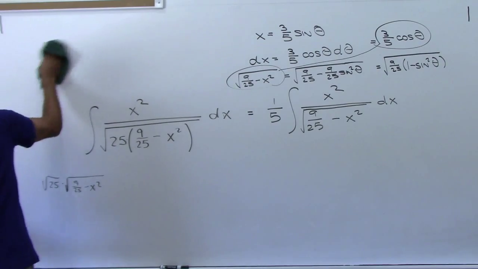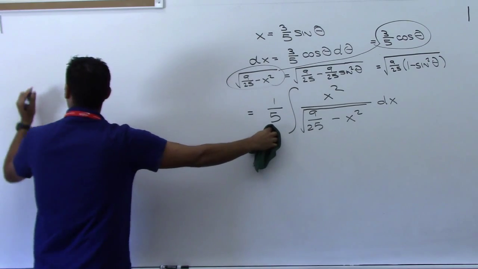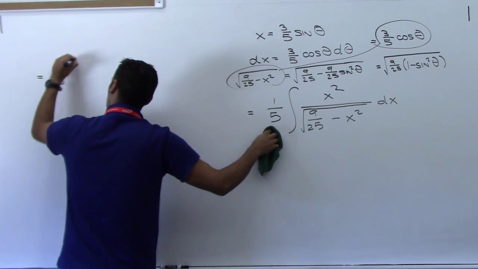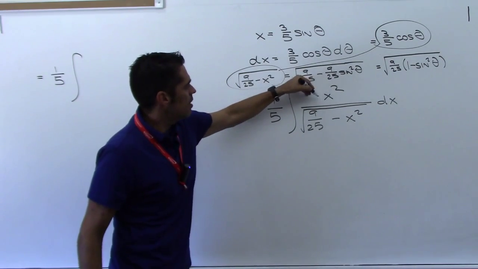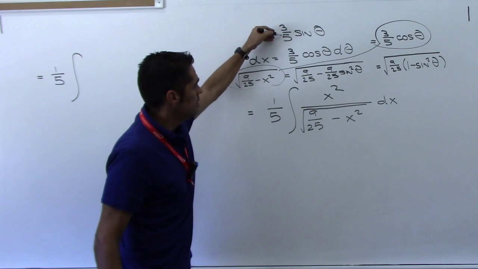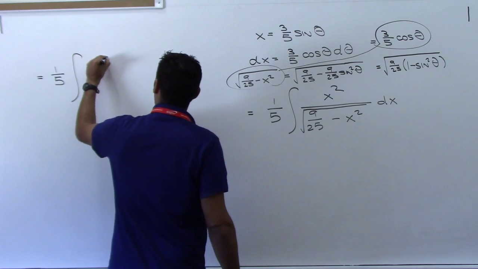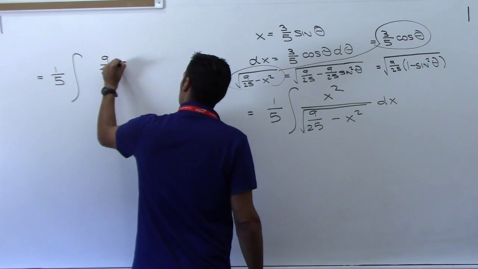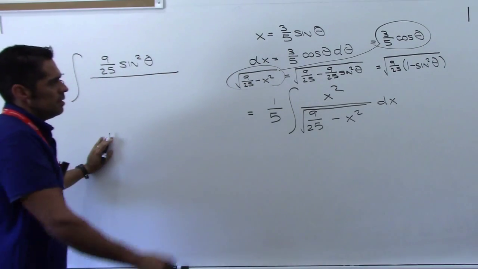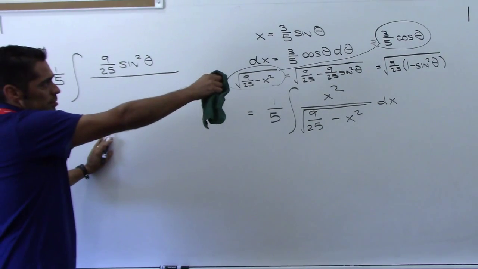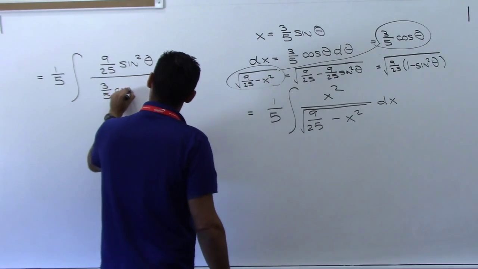All right. So now I'm rewriting this equals 1/5 integral, x squared on top. So x squared for us is this squared, which is 9/25 sine squared theta on top over the root part, which turns into 3/5 cosine theta.